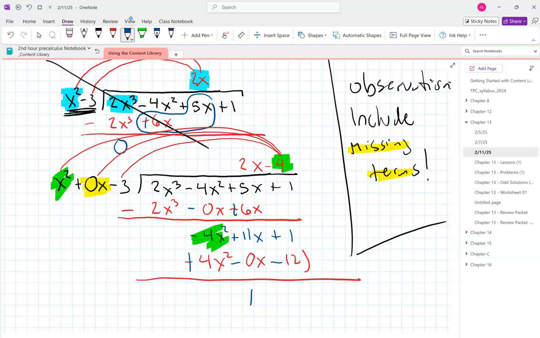So when I add down, I have negative 4x squared plus 4x squared is 0. 11x plus negative 0x is still 11x. 1 plus negative 12 is negative 11. So that's my remainder.